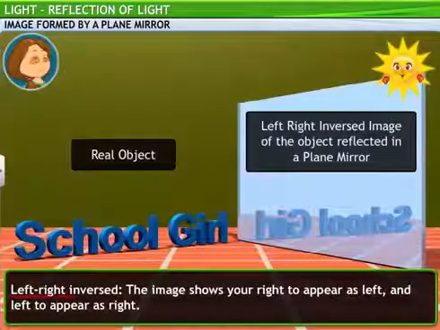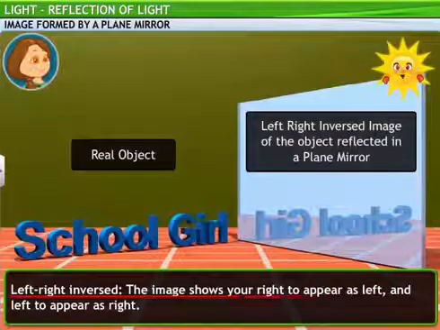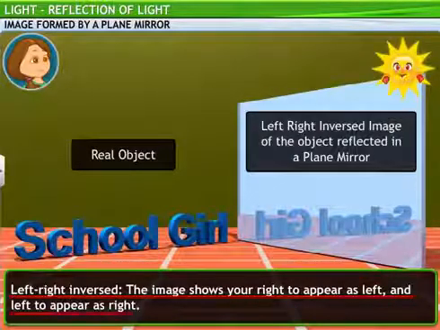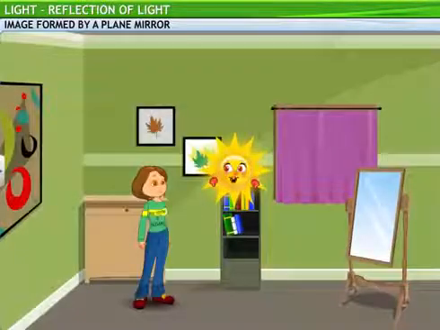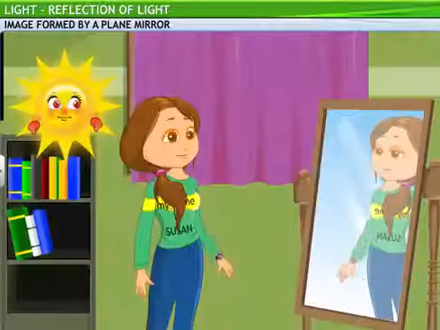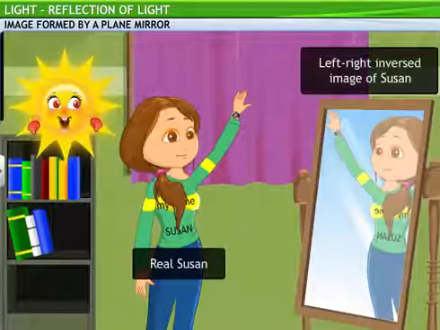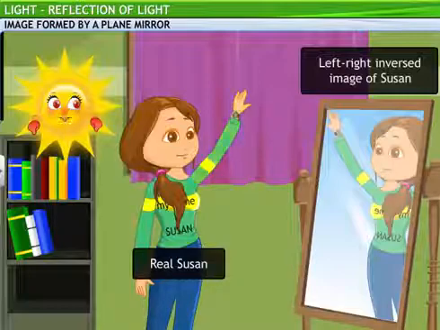Left, right, inversed means that the image shows your right to appear as the left and the left to appear as the right. To give you another example, stand in front of the mirror and look at the hand on which you're wearing your wristwatch. Which hand are you wearing it on? The left hand. And which hand does it look like in the mirror?